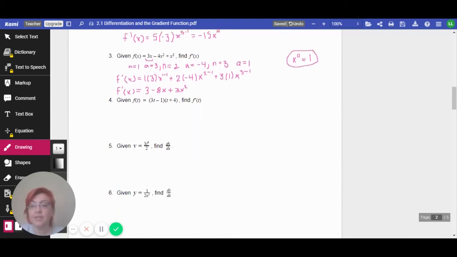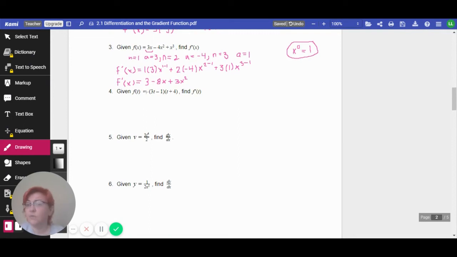Next. Now this one's interesting. Don't try to do anything weird here. Multiply it out. All right, you can FOIL, you can use the box method, whatever works best for you. So the actual function that we're going to use here, I'm going to FOIL. So first, 3t times t is 3t squared.